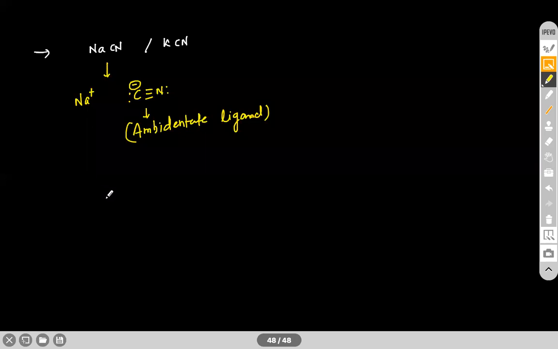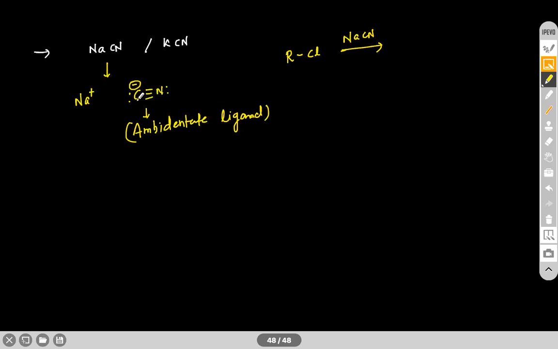Like you see here, what happens? Carbon can also donate electron to the alkyl group. Nitrogen also has lone pair, so it can also donate electron to the alkyl group. So when RCl is allowed to react with NaCN or KCN, this NaCN dissociates as this, and then this behaves as a nucleophile.